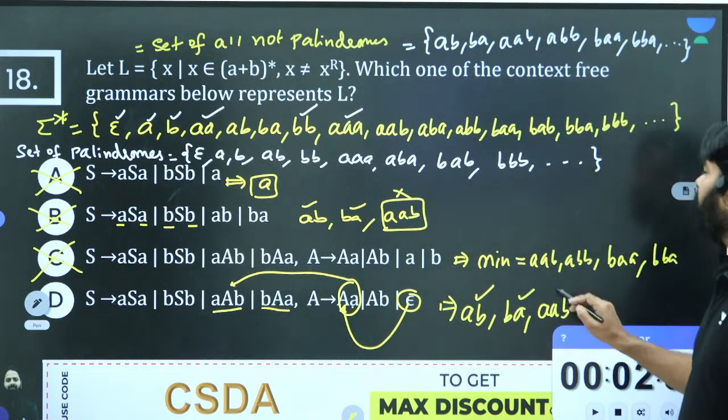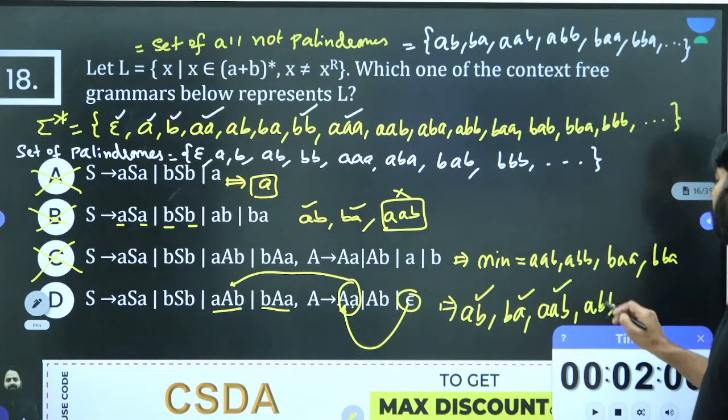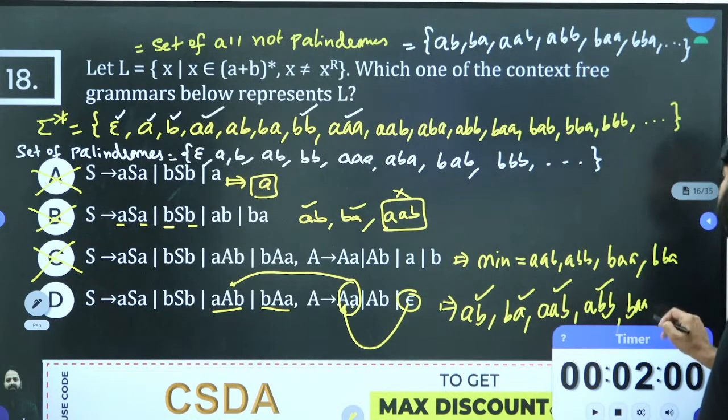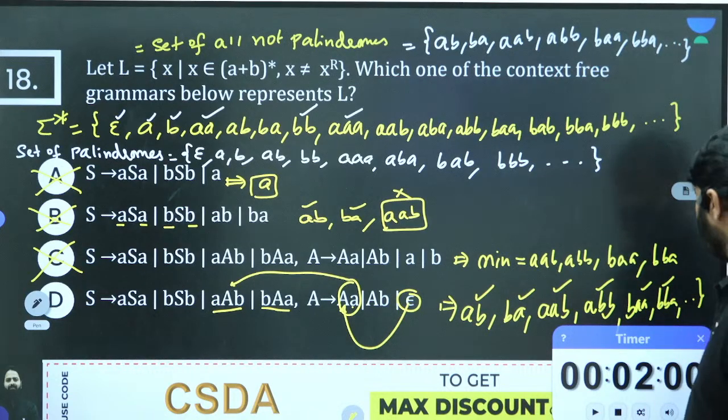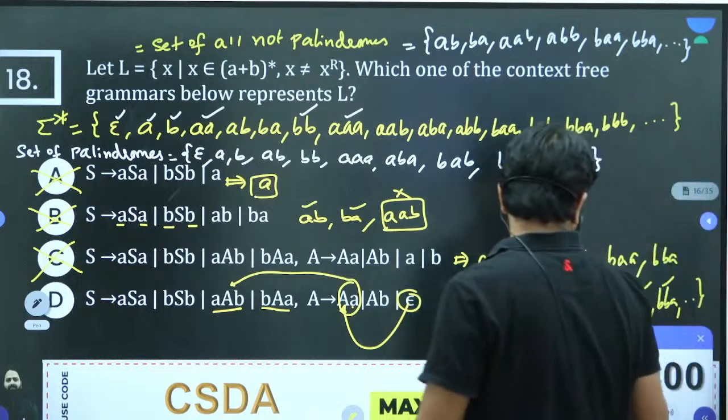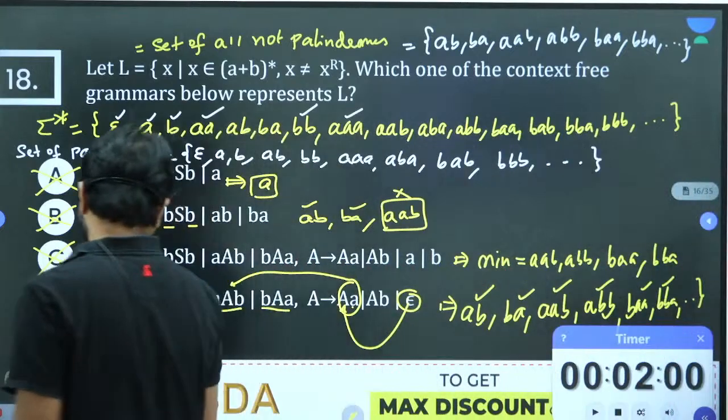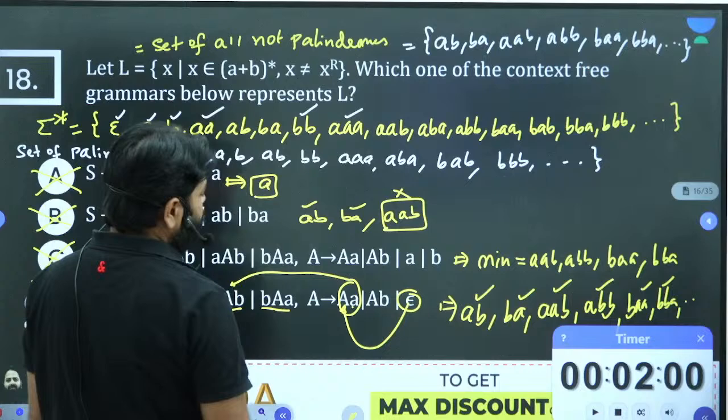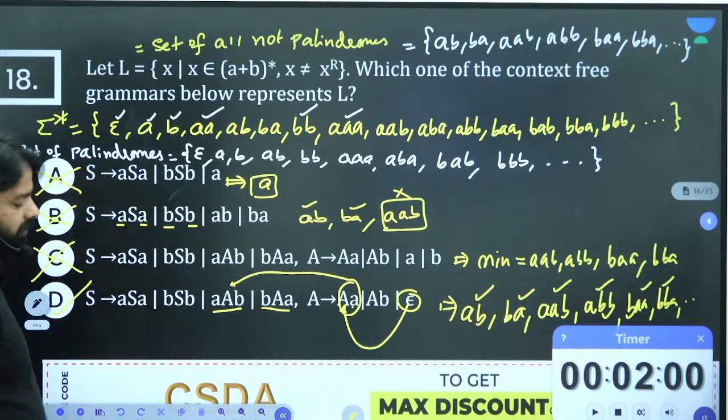Similarly, you will get exactly what you wanted in our language. Only those strings will be generated by doing a repetitive substitution. Option D is the right answer.